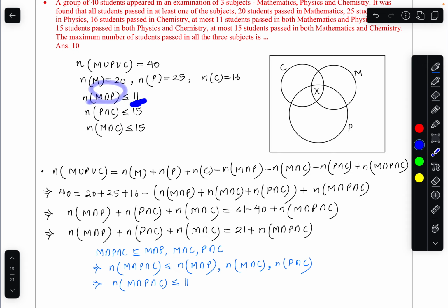MP is less than or equal to 11, P intersection C is less than or equal to 15, M intersection C is less than or equal to 15. So the intersection of the three sets is also going to be less than or equal to 11.